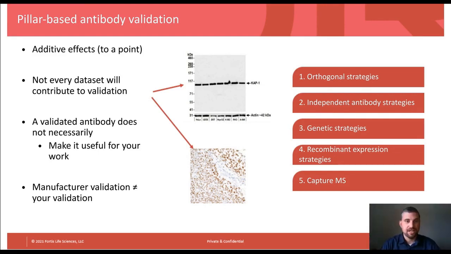It's also true that not every data set is going to contribute equally to your validation process. So, for example, CAP1 here in the top left, you're seeing a very ubiquitous expression pattern through all these different cell lines. You don't really know if that's on target or off target. It could very easily be an off target protein that just happens to express in every cell line.